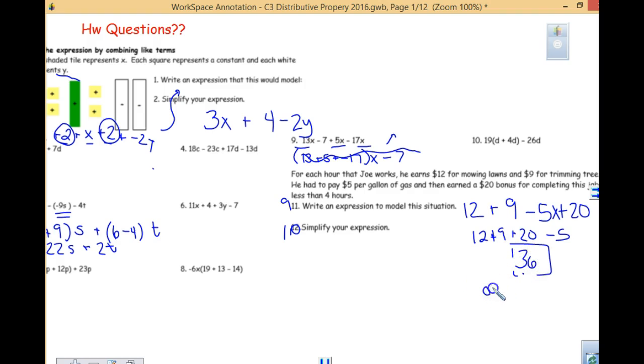Or if you did how Maria was saying, and do 12 plus 9 plus 20, and then minus 5x, which means when we add those 3 together, we should have had 29 plus 12, which gives us how much? 41. So I would have had 41 minus 5x, or I could have had just the 36. I would take it either way.